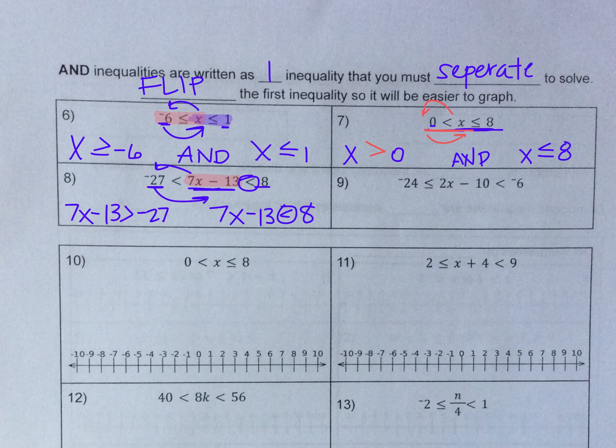Let's do this last one. -24. I'm going to write my and. -6. All right, the part that they both, that whole middle that they're both sharing is 2x minus 10. 2x minus 10.